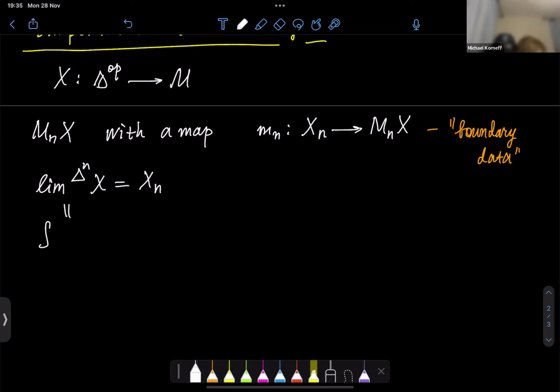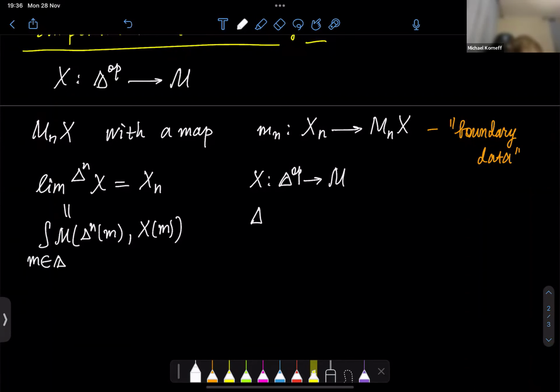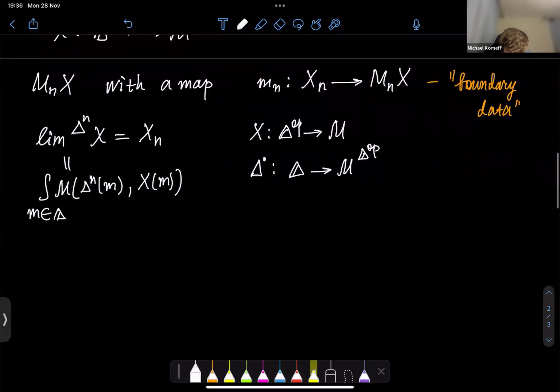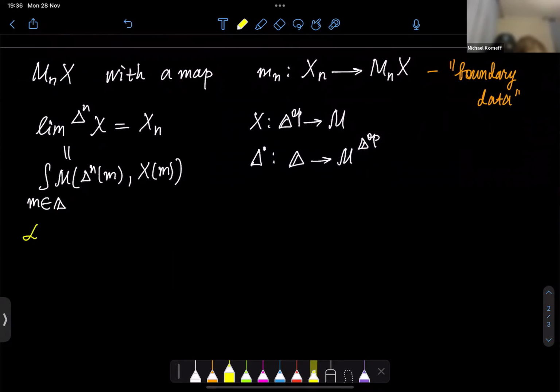As you know, that is the same as X_n, and for X as a simplicial object, of course, in a simplicial model category, delta is a Yoneda embedding, and this motivates the following definition, the following correct definition of matching object in the simplicial model categories.